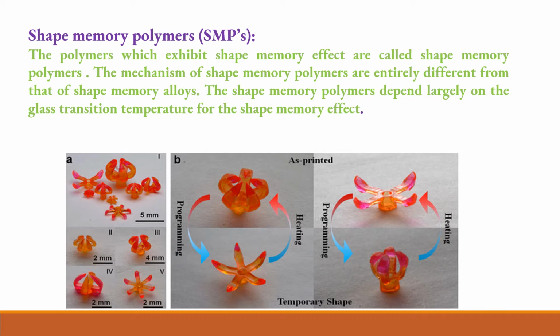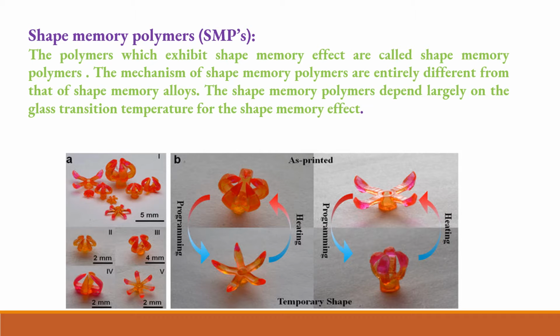The mechanism of shape memory effects in shape memory polymers is entirely different from that of shape memory alloys. In shape memory polymers, the shape memory effect is dominated by the glass transition temperature. As we know, the glass transition temperature of different polymers is different.